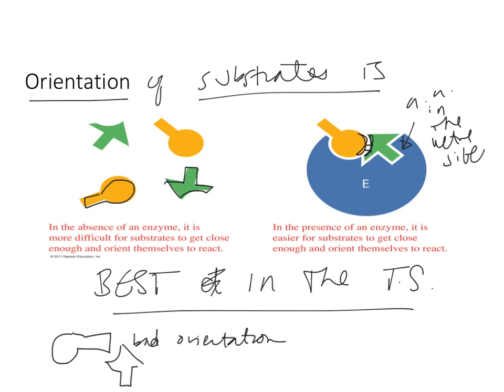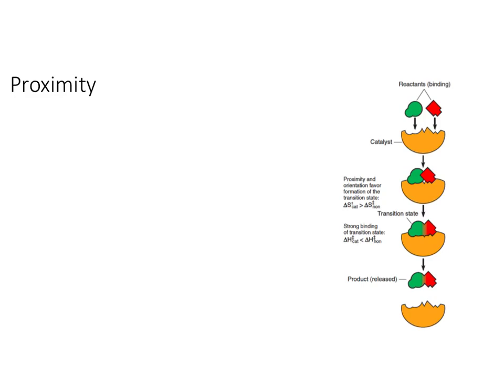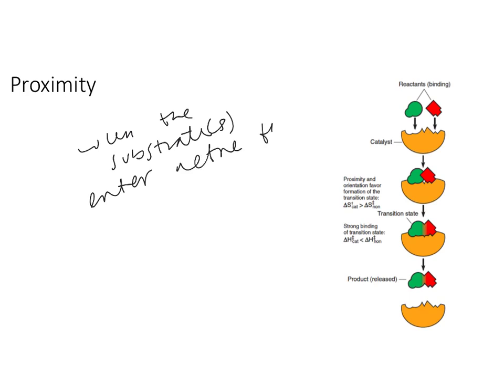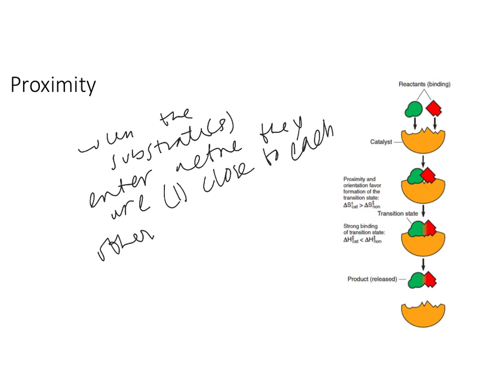Okay, so that's orientation. And then proximity means that when the substrate or substrates enter the active site, they are, 1, close to each other, and 2, fill up the available space.